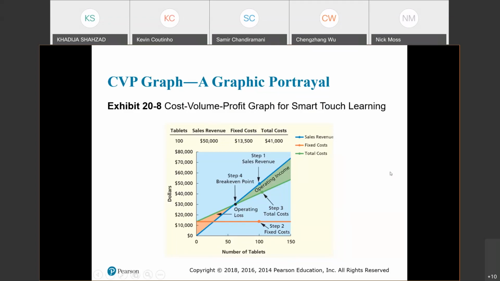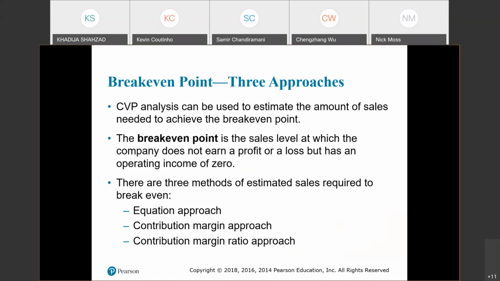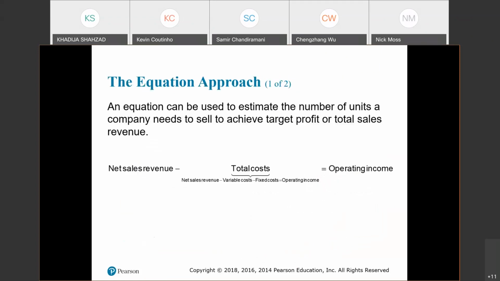In this chapter, I will introduce three methods to help you get to know the break-even point. The first method is the equation approach.